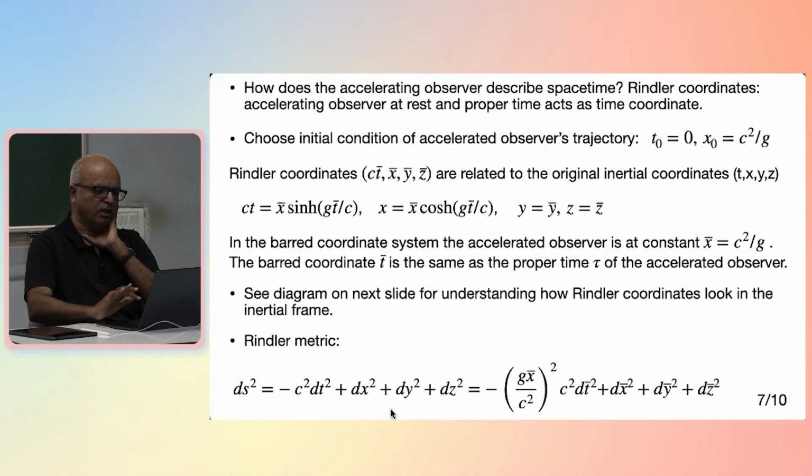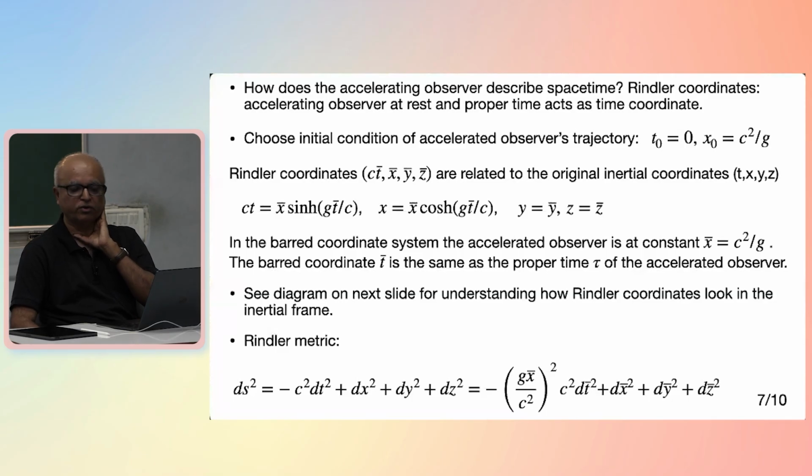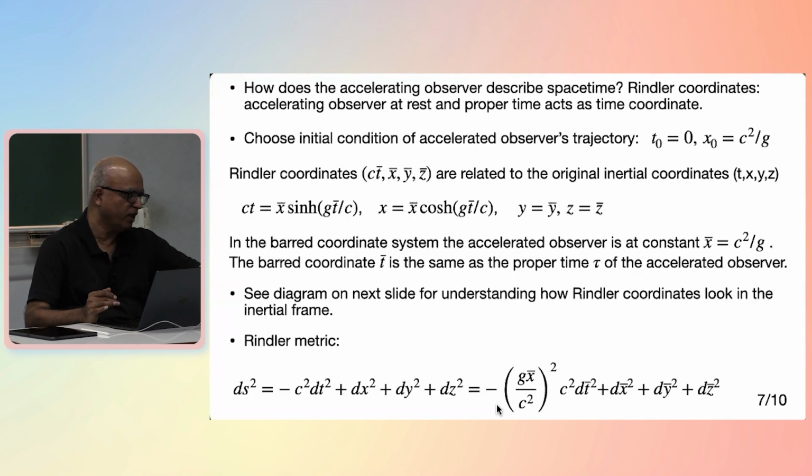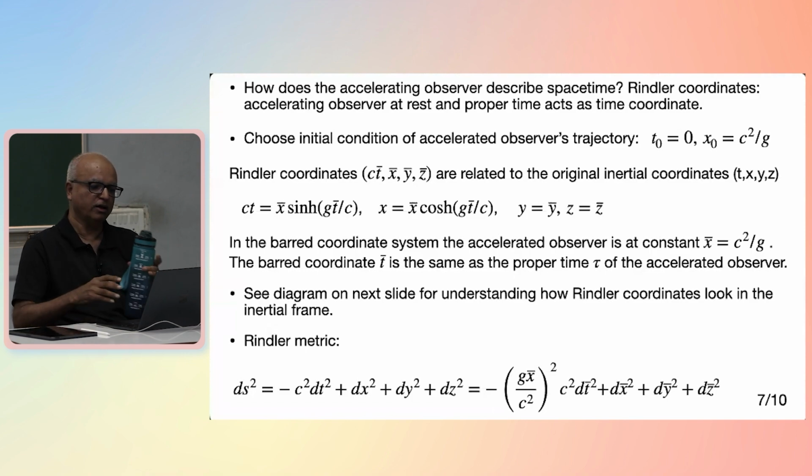All I do is make a substitution, dt is dx bar sinh plus x bar cosh dt bar, do the differentiation, substitute for dt and dx and simplify. This is the answer you will get. This is the Rindler metric. You can already see that it is non-trivial. The components are no longer constant. The time component depends on x bar.